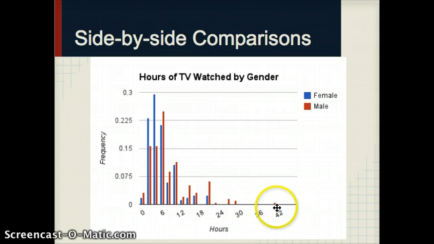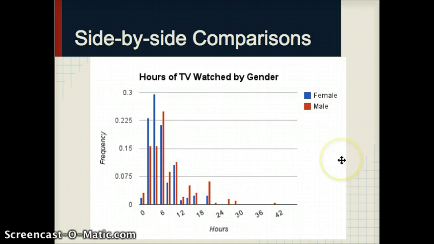Some guy even watched something like 40 hours of TV a week. In this case, it's pretty obvious that men watch more TV than women. If we wanted to prove statistically that men watch more TV than women, this is pretty strong evidence.